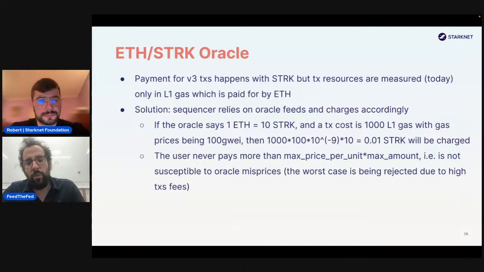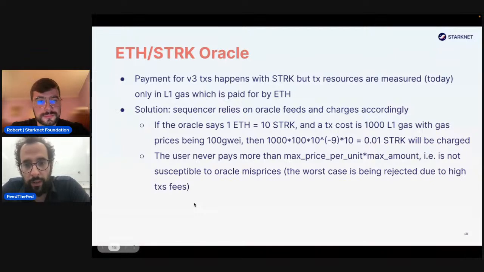This can almost be viewed as hedging on the sequencer level. If the price is too low, then the sequencer will lose funds. If the price is too high, then the user that wants to send the transaction from the wallet will see the high estimate and refuse to sign until prices go back to normal, which is the same experience that exists today.